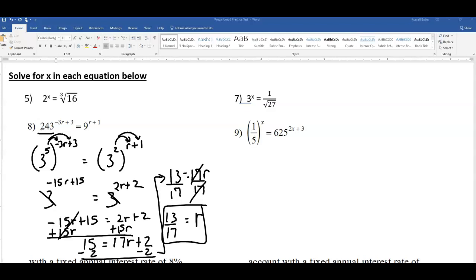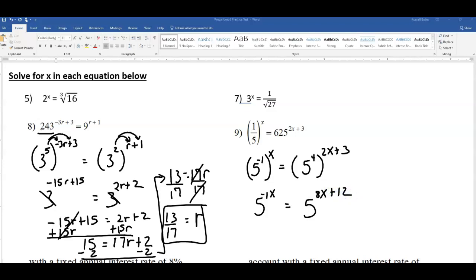We have a fraction to deal with there, so we're going to take care of that first. I'm going to change that 1/5 to 5 to the negative 1 power. And since I can see we're working in bases of 5, I'm also going to change that 625. We could change that to a base of 5 to the 4th power. Then simplifying by multiplication and distribution, we get the following. And we're going to go ahead and ignore the bases and set those exponents equal to each other.